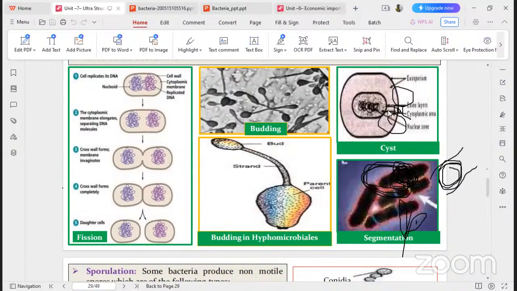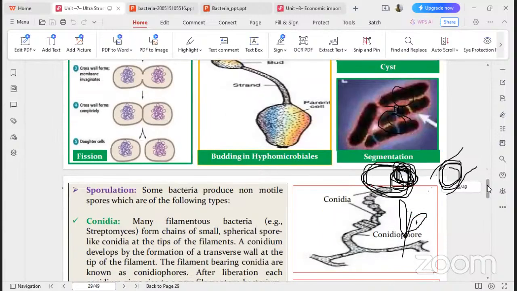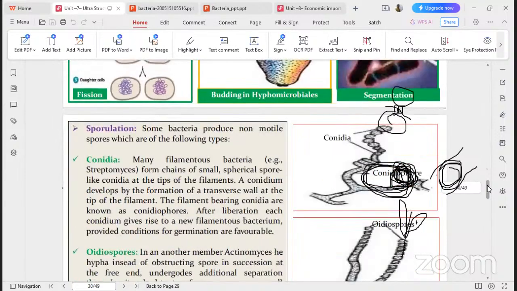And you see the segmentation, division taking place, septa formation. Each one will become a new bacterium. And you can see the sporulation, forming the conidia, oidia type.